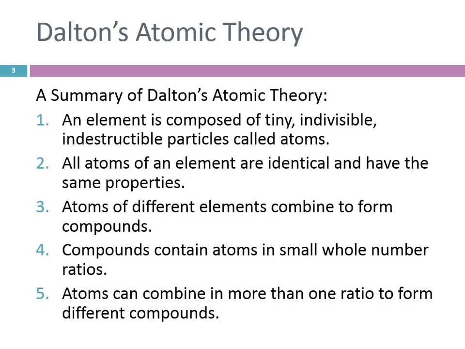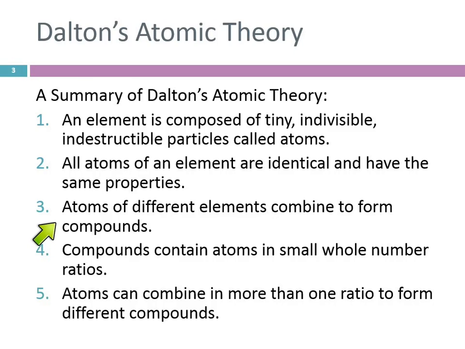I will not ask you to write these five things out, but I want you to know them. If I ask you, are atoms of the same element the same or different? You should know that atoms of the same element are the same, right? That's what makes them part of that element. Atoms of an element are identical.